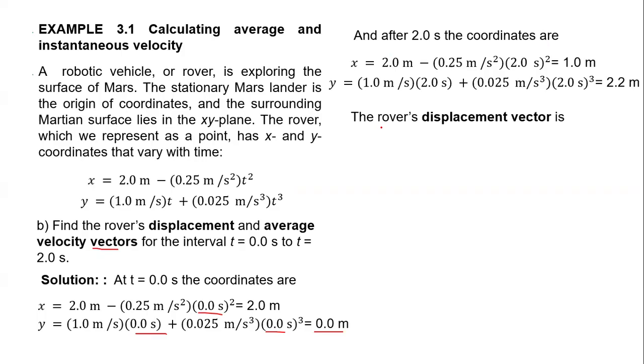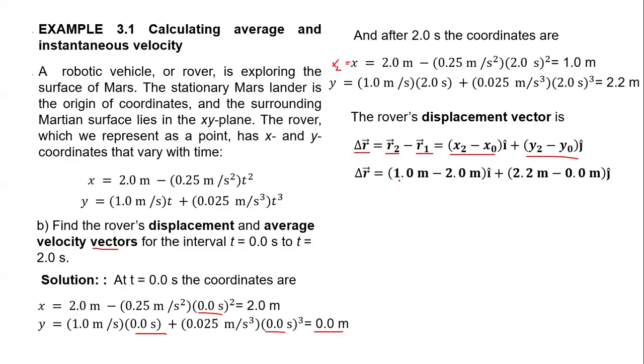The displacement vector for the vehicle is just delta r, which is equal to vector r2 minus vector r1. Expanding this, it would look like this, with the x component and the y component. Here, x2 is 1 meter minus x1, which is 2.0 meters, i hat, plus y2 minus y1, where y1 is 0.0 meters.